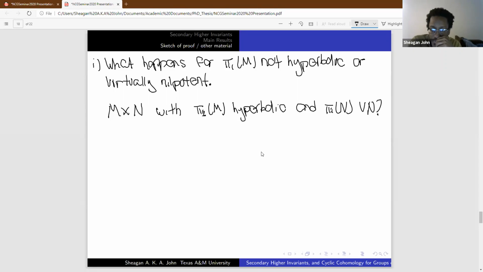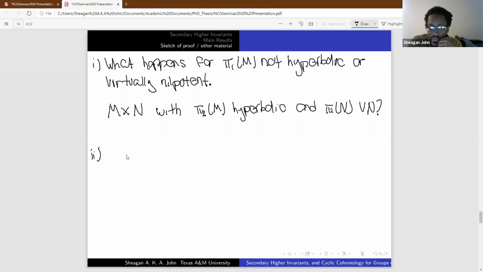But another, perhaps more difficult question is, what happens when we don't have hyperbolicity or virtual nilpotence at all? And a good set of groups to consider are actually quite usual counterexamples in geometric group theory and algebra.